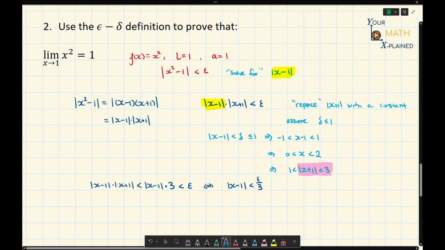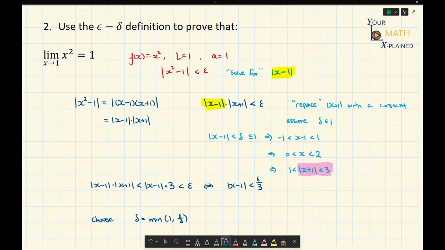So now the last part is just for us to choose our delta. So we're going to choose our delta to be equal to the minimum between 1 and epsilon over 3. The reason that we're picking the minimum is that this guarantees that both assumptions that we have made about delta in the course of this proof are taken into account simultaneously.